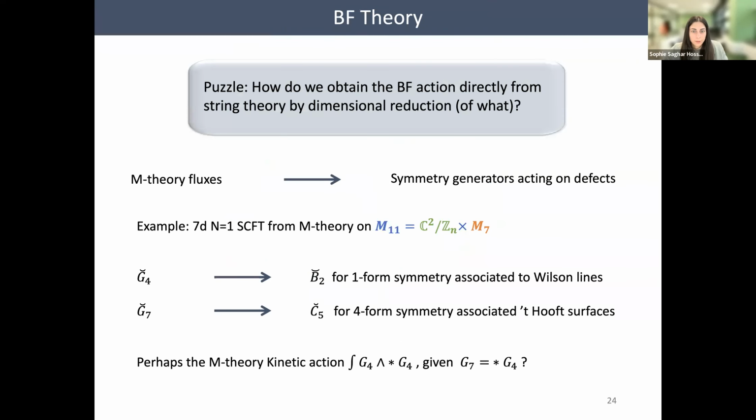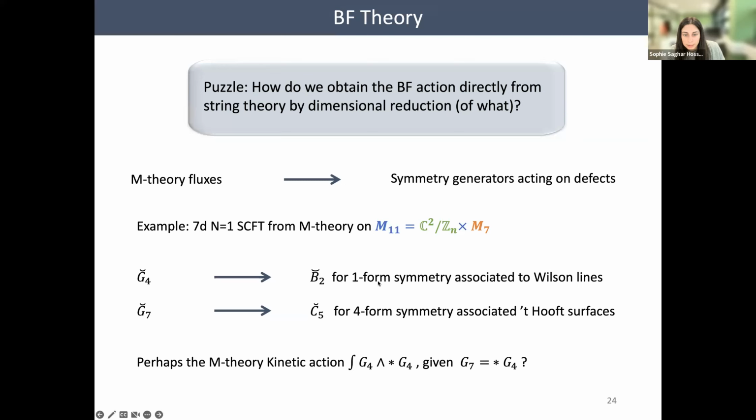Okay, so we were saying, how do we get this BF theory directly by dimensional reduction? We saw that when we reduce these M-theory fluxes, we get the symmetry generators, or some operators. For example, in the 7D case, we had G4 and G7, and when we reduced, we got the two fields B2 and C5.